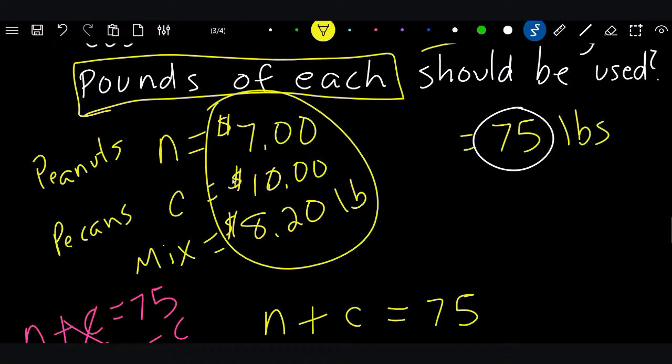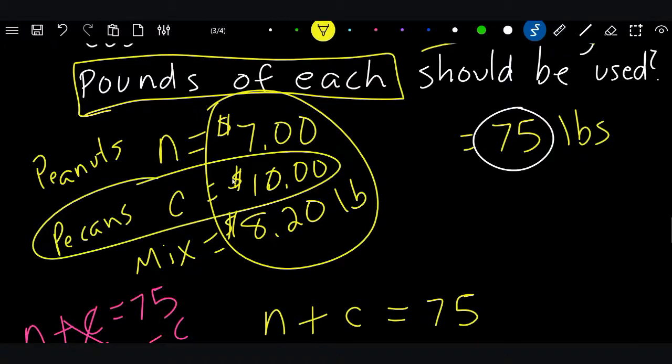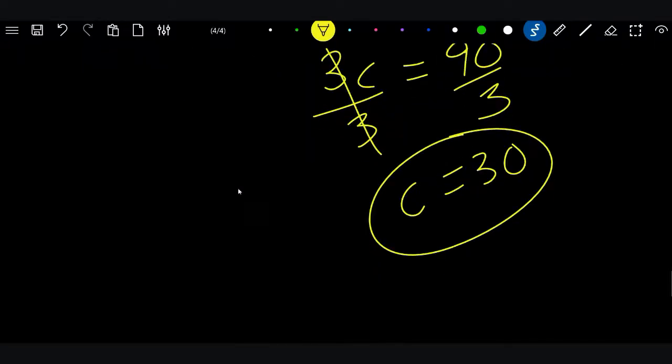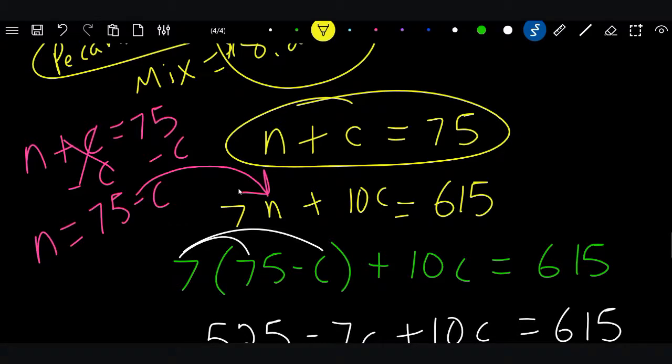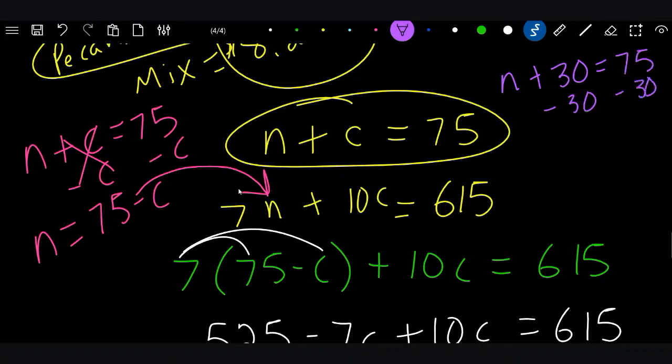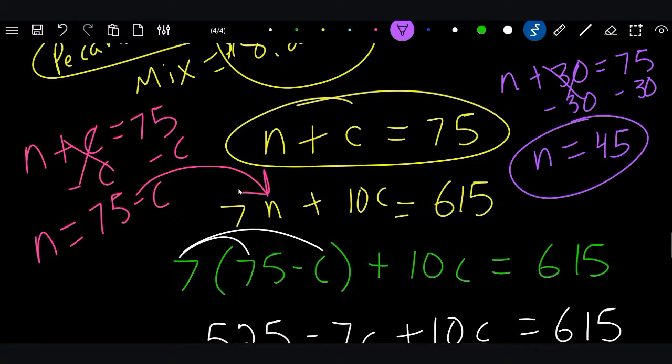So the C, the pecans, is what we got. So now what we're going to do is plug that 30 back in here. That's the easiest one to plug it into, right? So n plus 30 equals 75. We're going to subtract 30 from both sides. That's going to cancel. We're going to get n equals 45. The number of peanuts is 45.